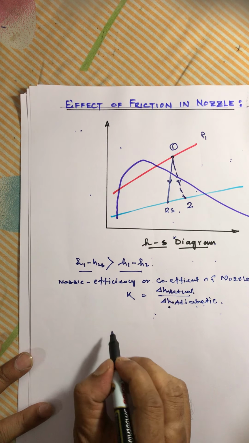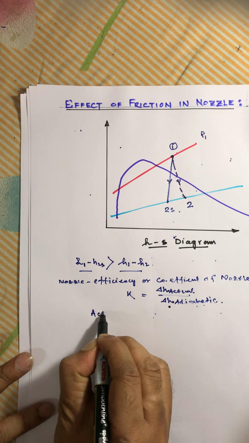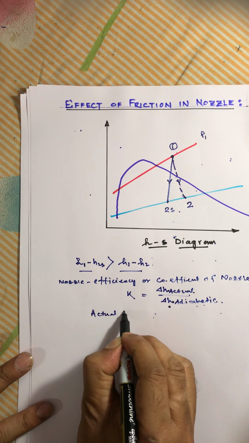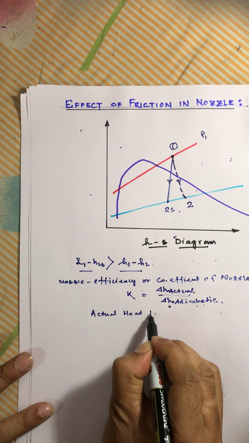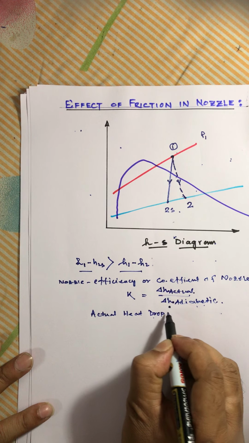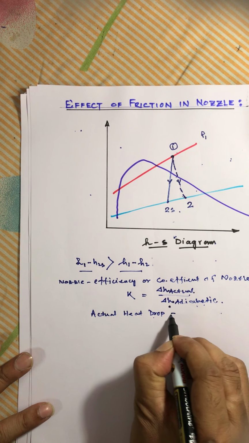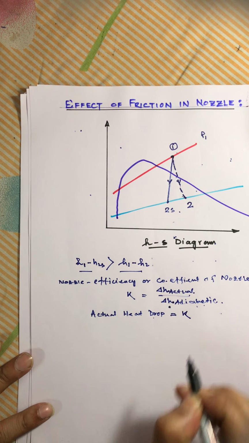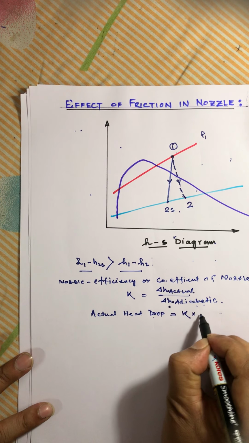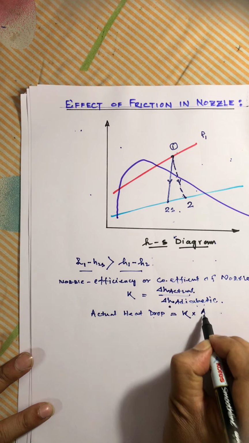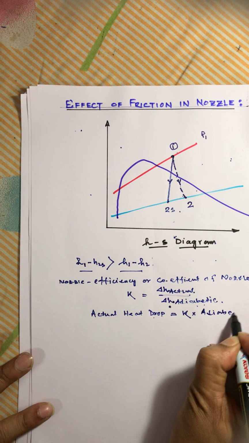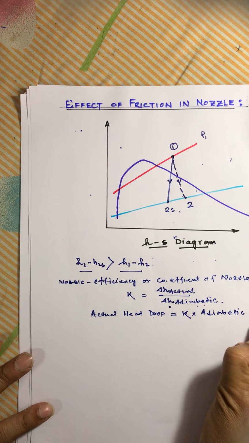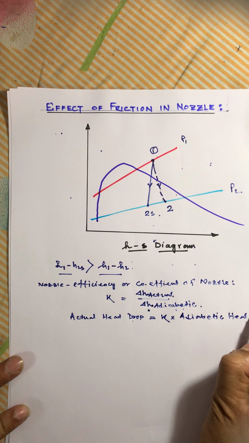So, actual heat drop or actual enthalpy drop is equal to what? Coefficient of nozzle into adiabatic heat drop.